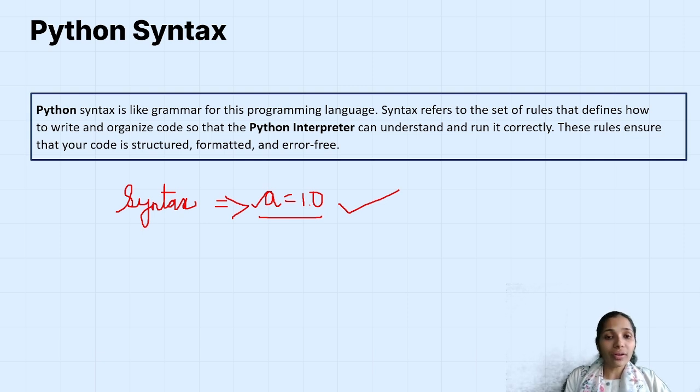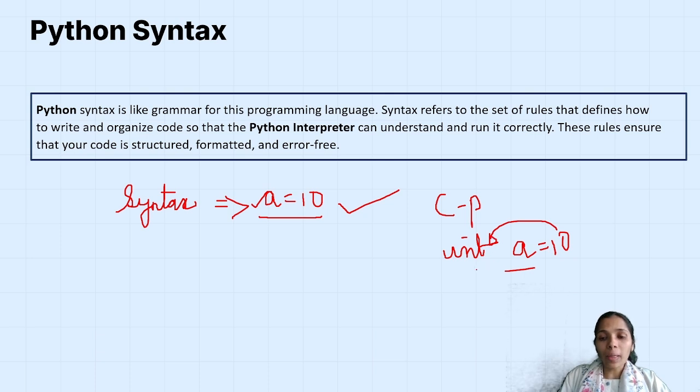Likewise, in another programming language, for example C, I have to write int a equal to 10, which indicates that my variable a is holding an integer type of data. So this int has to be specified before declaring the variable.